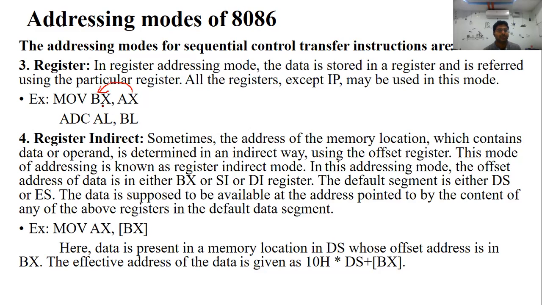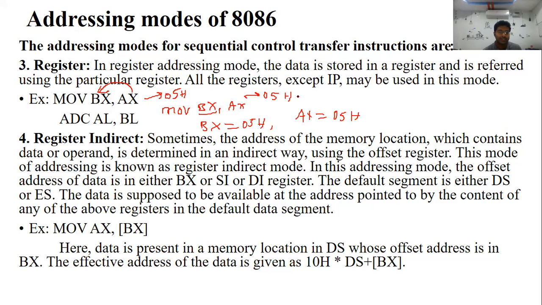For example, if the AX register has the data 05H, when you perform this instruction, the BX register also gets the data 05H, and at the same time AX is also 05H.